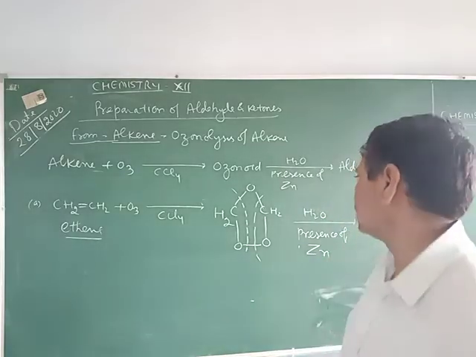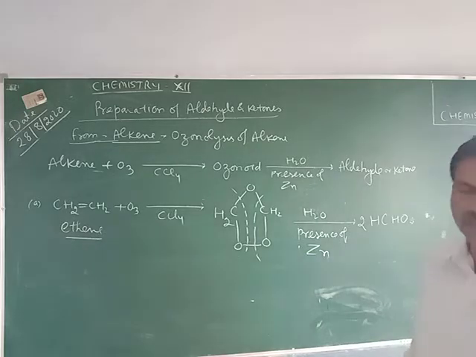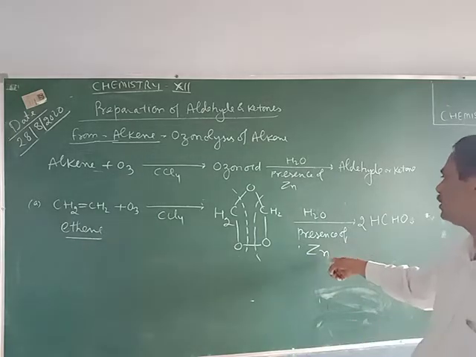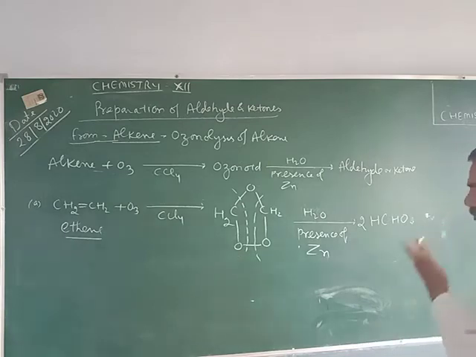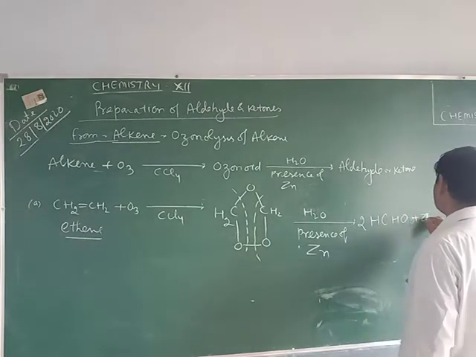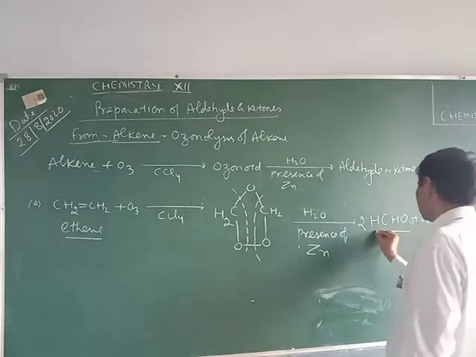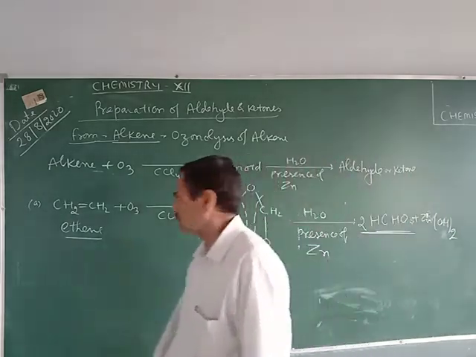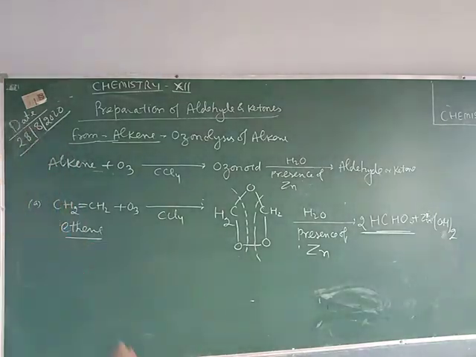That is why it can oxidize the formaldehyde. To prevent the oxidation of formaldehyde, zinc has been added. Zinc reacts with the hydrogen peroxide to form zinc hydroxide. There are two molecules of methanal, or you can say formaldehyde.